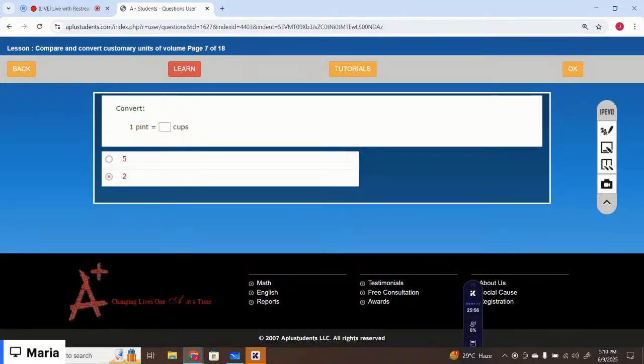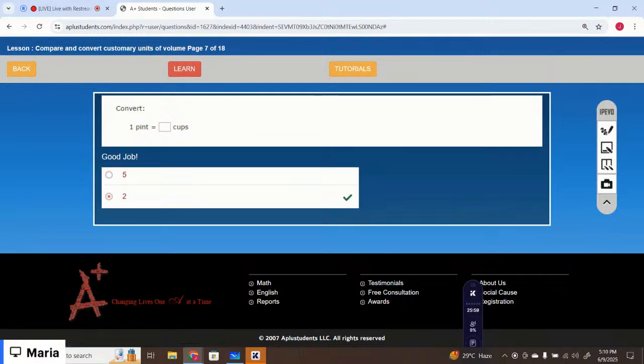One pint equals 2 cups. Option number 3 is the correct option.